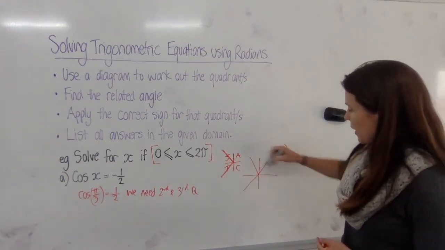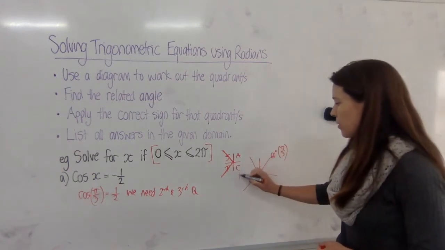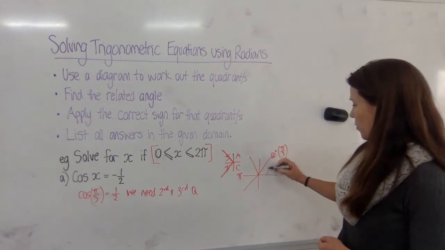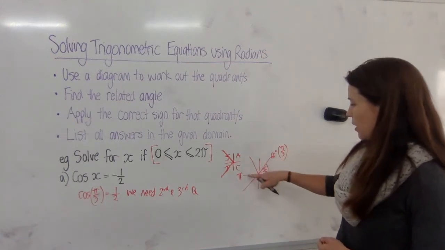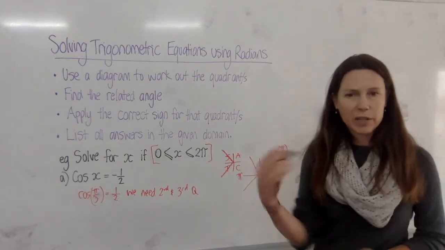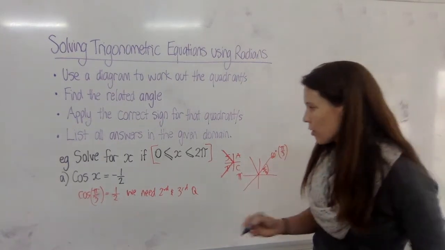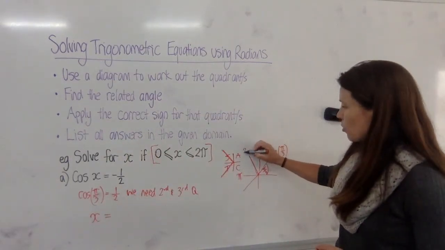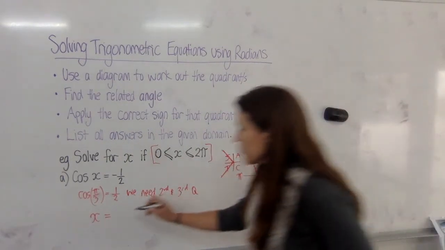Now, how do we put that angle into the second quadrant? Well, we know that this is pi over here at 180. So if we've got pi on 3, we need to do pi minus pi on 3. Basically, pi minus 1/3 of a pi is 2/3 of a pi. So x could be this one, which will be 2 pi on 3.